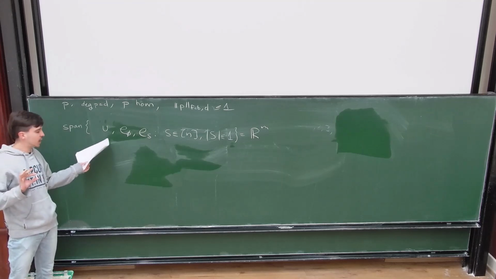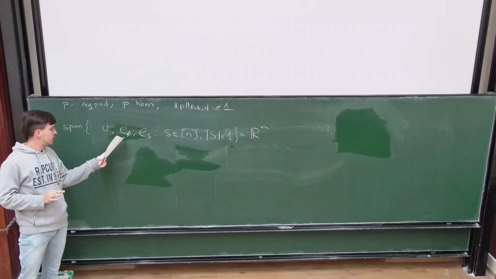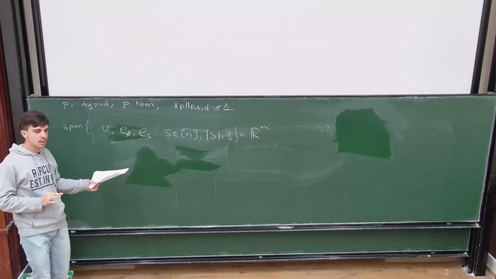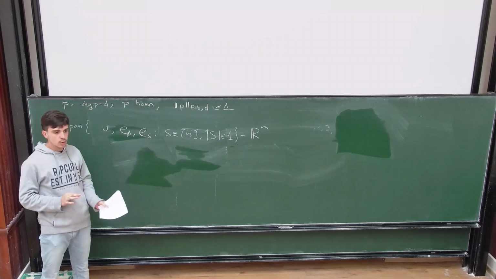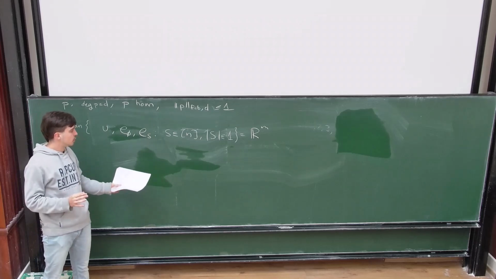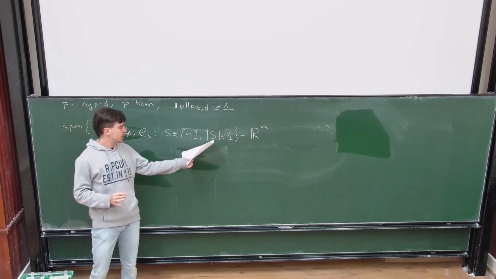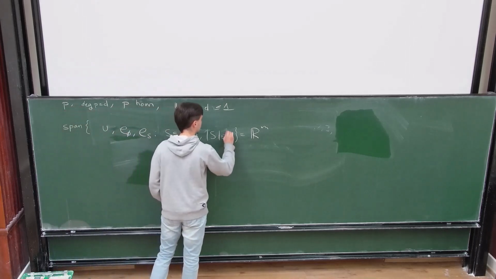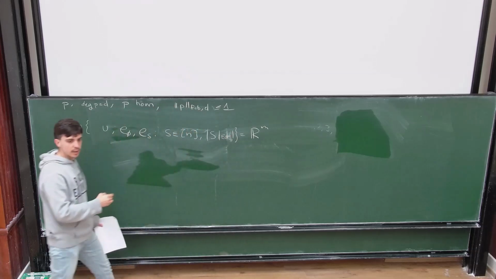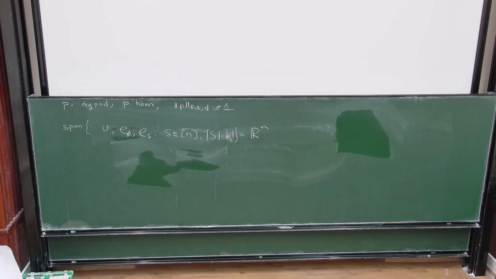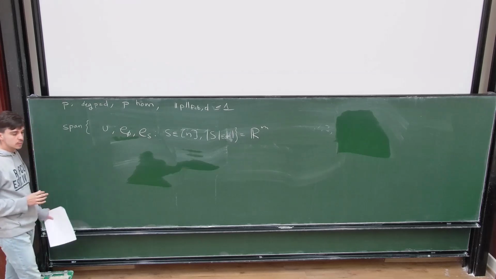So here we have a special vector, a vector that corresponds to the empty set, and a vector that corresponds to every subset of the numbers from 1 to n that has size smaller or equal than d minus 1. Okay? What's the first symbol?